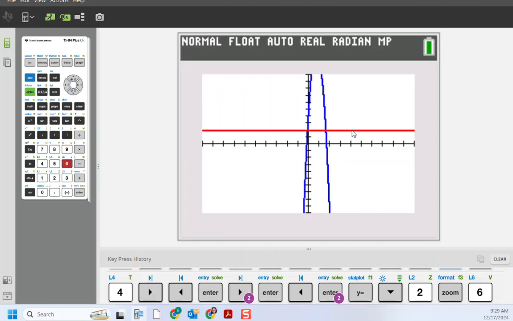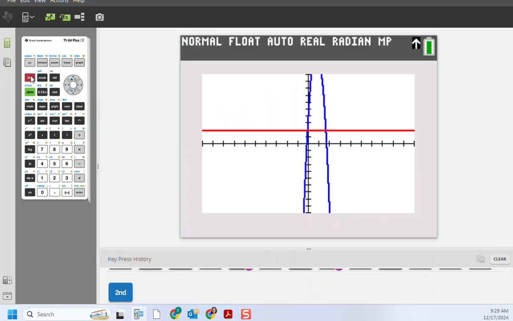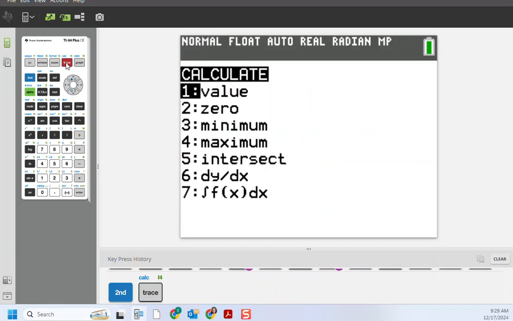Here's my y equals 2 line, and then here's the path of the ball, and right here is where the ball is caught, 2 feet off the ground. I want to know where my parabola and my line intersect, so I'm going to do second calc intersect. Second, and then trace, which has calc above it, and then intersect is 5.